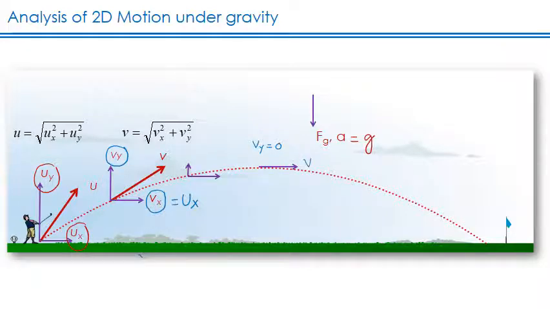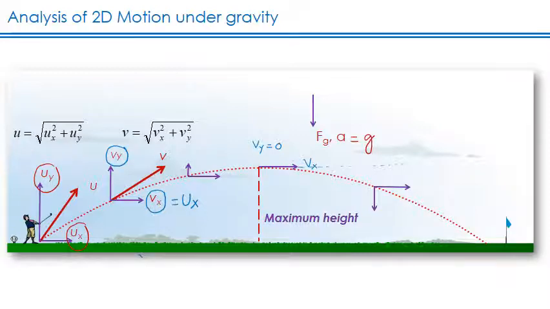There is still one component present, which is Vx, and this will tend to move the ball in the horizontal direction, but due to the presence of gravity, the ball will not go in a straight line, but will move in the path that is shown.